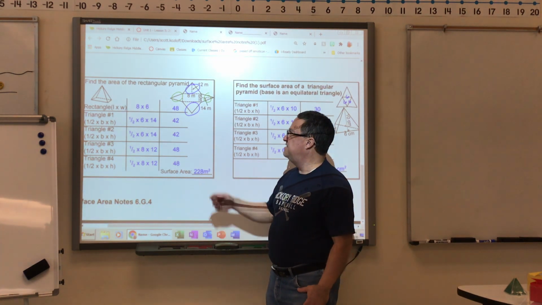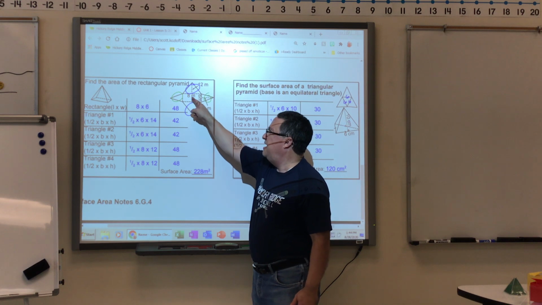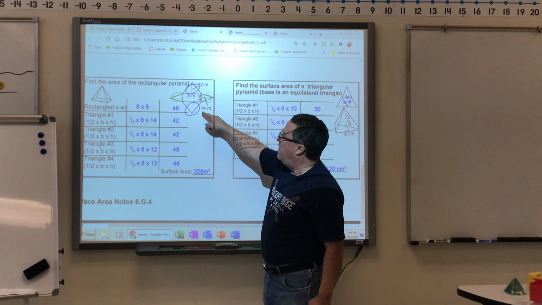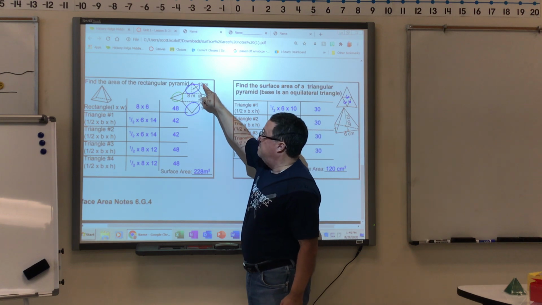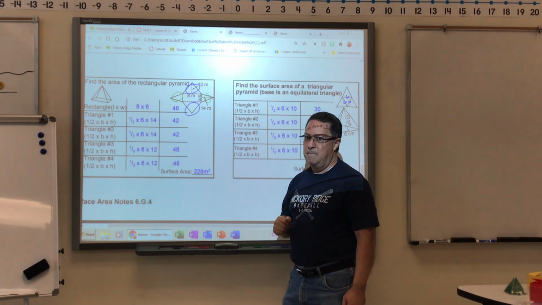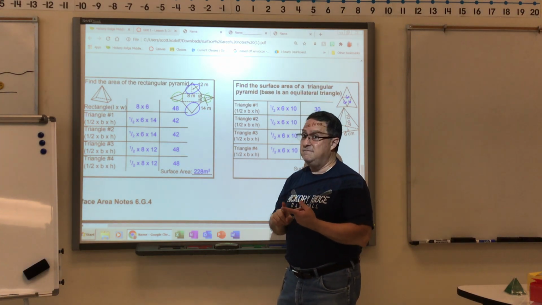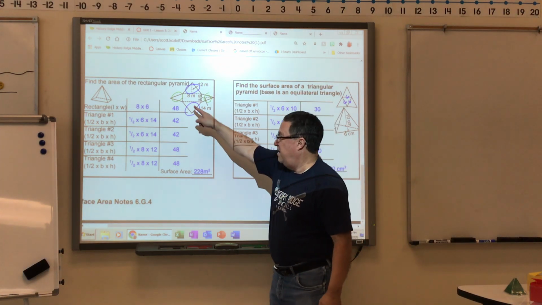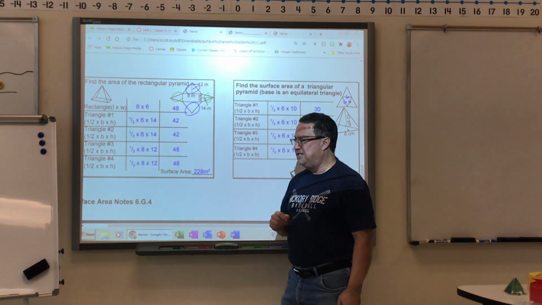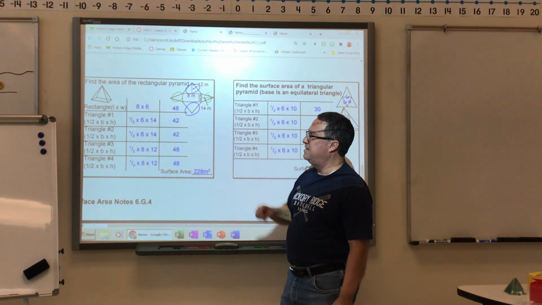The only difference is now I'm doing base and height for the rectangle, that's 8 times 6, and I'm doing 1/2 times 8 times 12, and 1/2 times 6 times 14, because a triangle is base times height divided by 2. I would add all 5 of those up, and I get my surface area of the entire rectangular pyramid.